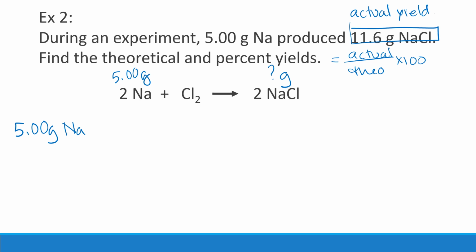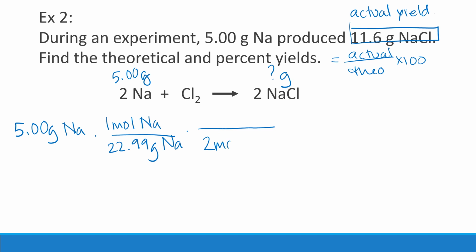All right, did you get 12.7 grams of NaCl? If you did, you got it correct. So let's see how this works out. Convert grams of sodium to moles. 1 mole Na has a molar mass of 22.99 grams. Now I'm going to convert moles of sodium to moles of NaCl.